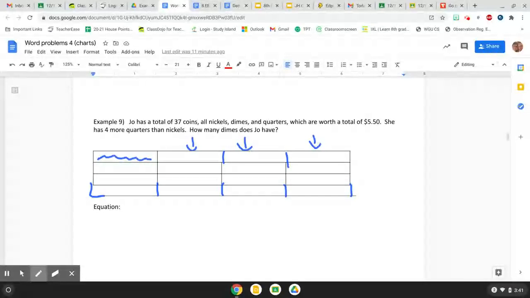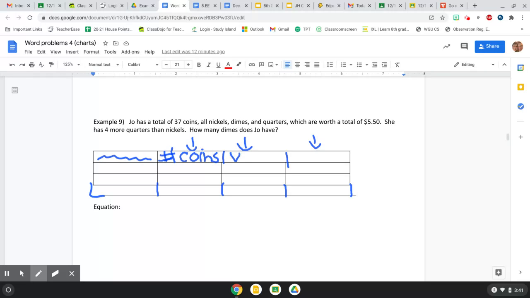Okay, so let's think. Well, we're talking about coins. We have 3 different types of coins. I know that there could be a number of coins, how many coins I have, and then the value of the coin. So at the top, this is going to be number of coins.